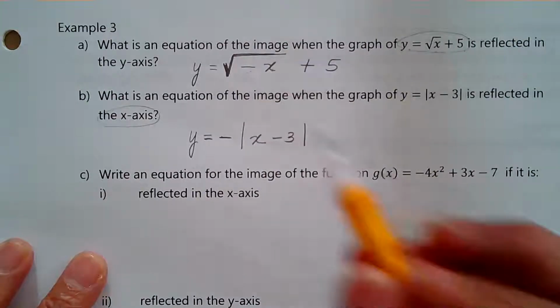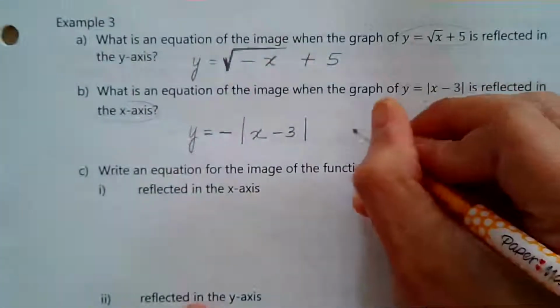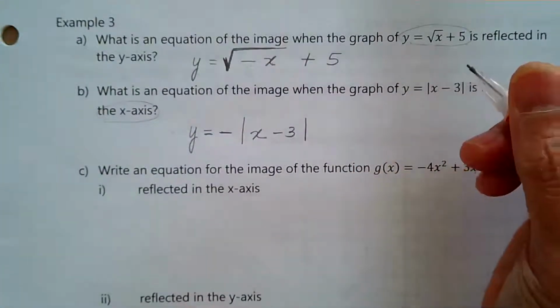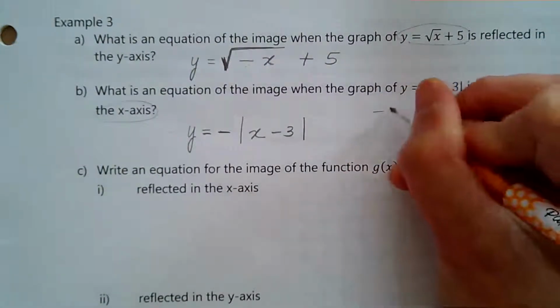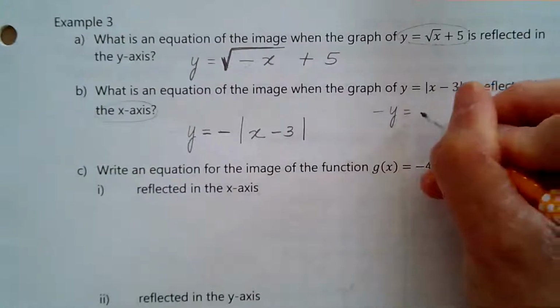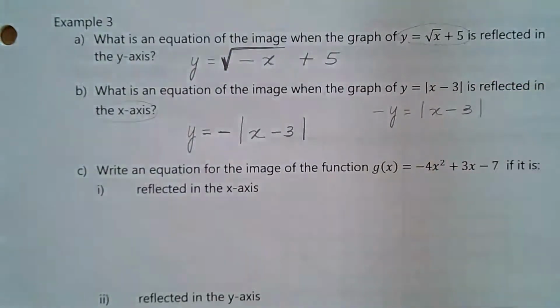You can also go negative y equals absolute value of x minus 3. That's a possibility too.